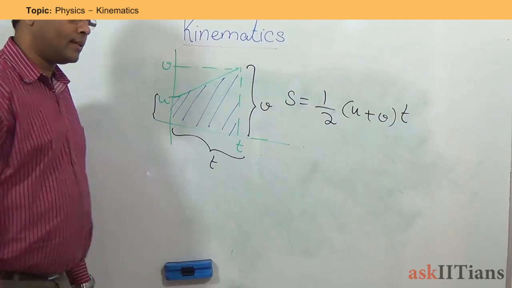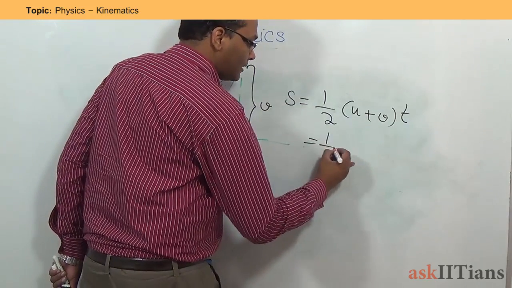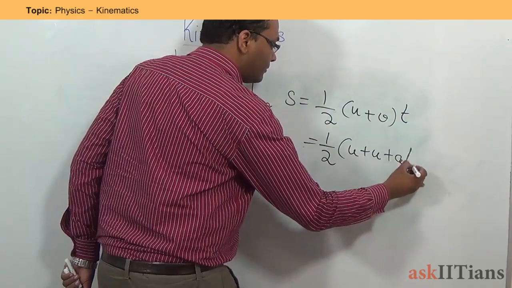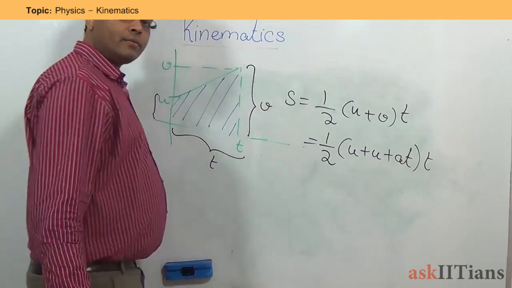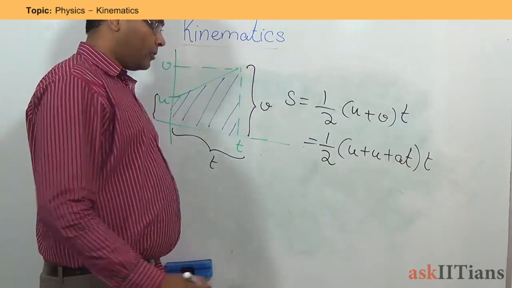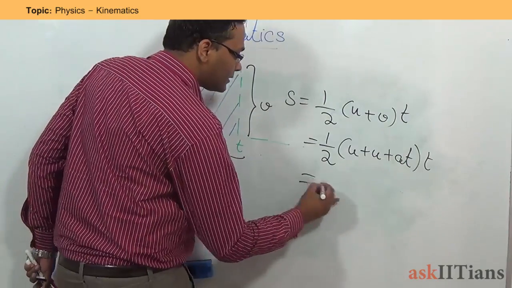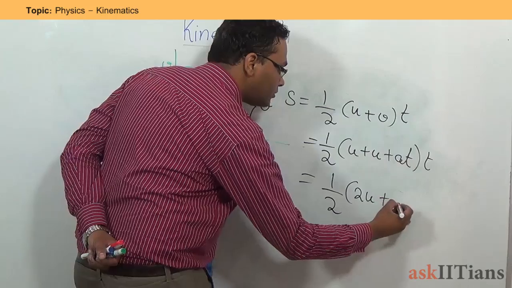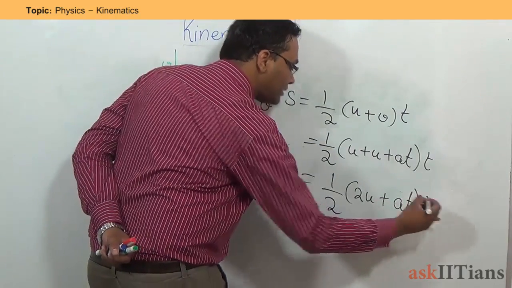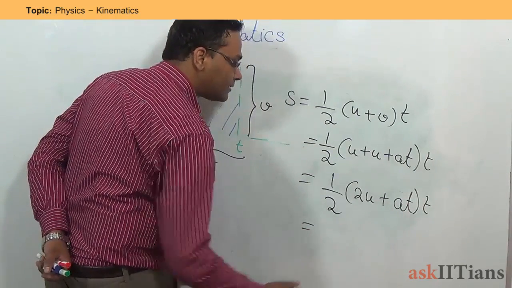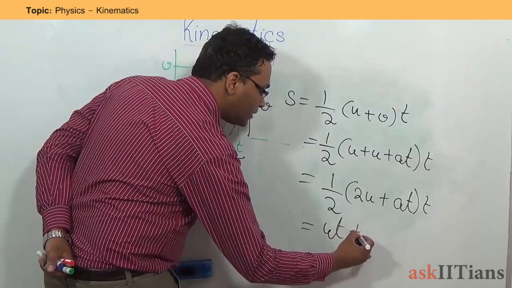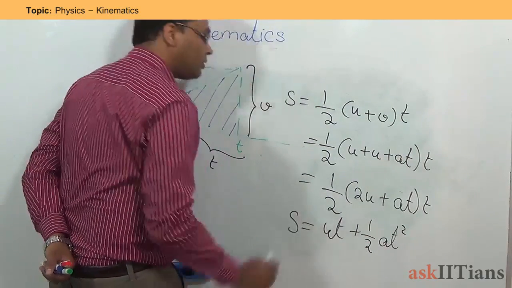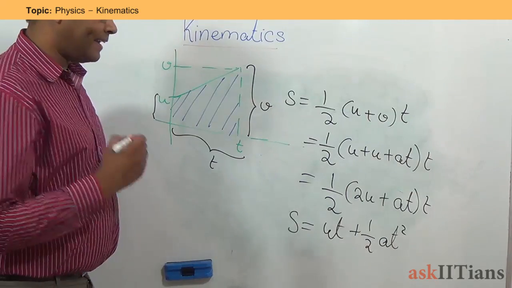But what is v? v can be written as u plus at, so s equals half into u plus u plus at, into the time taken t. So I can put this as half into 2u plus at, into t, or if I simplify this, it gives me ut plus half at squared. So this is my second expression that we have.